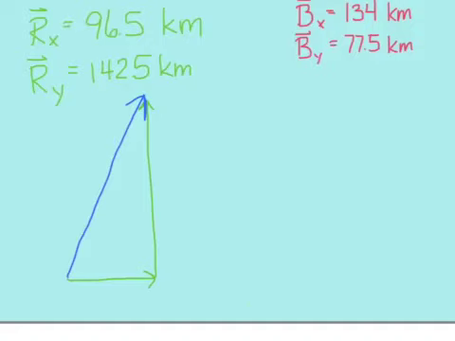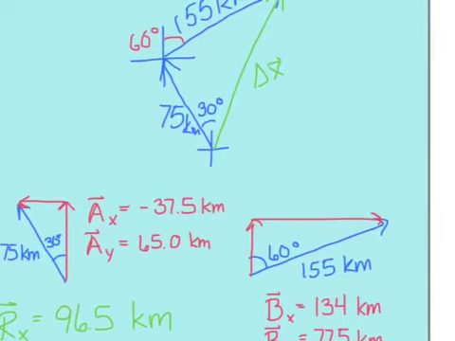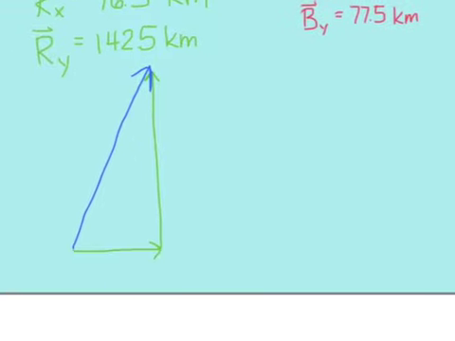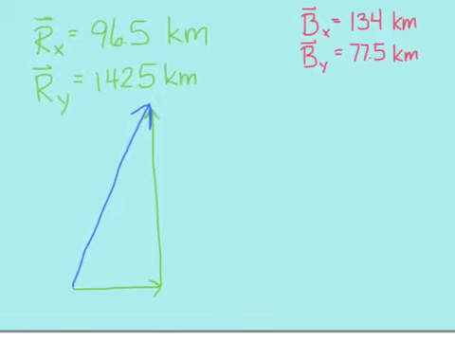Now, if you were careful when you drew your original picture, you can take a look at it and make sure that the two look somewhat similar. You'll see that mine do look somewhat similar, and that's a good hint that I'm on the right track, that I haven't made any goofy errors along the way.